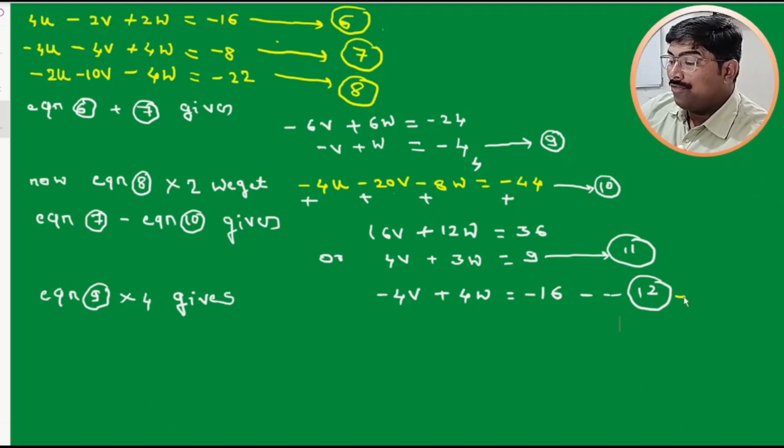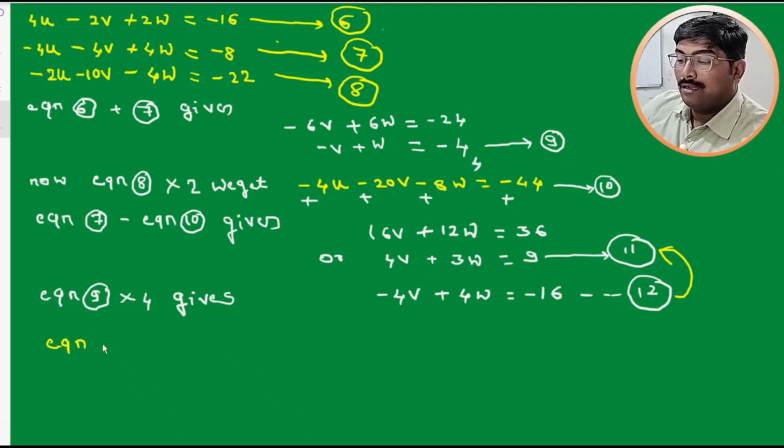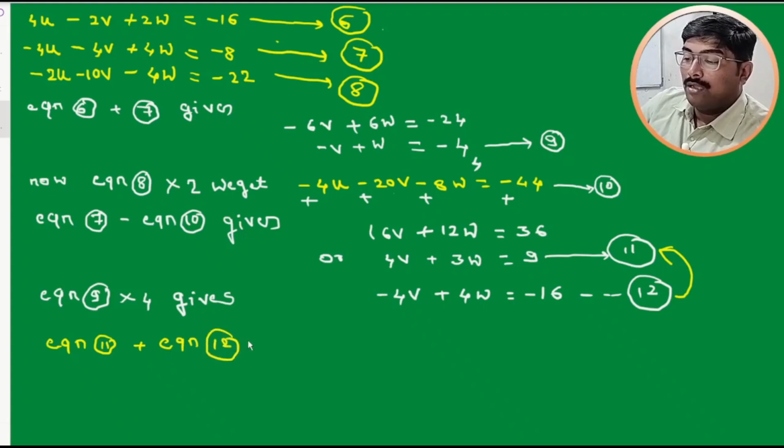And at last, if we solve equations 11 and 12, we will get the values for v and w. Here the first term we have 4v, and here the first term is minus 4v, so on adding they cancel. On simplifying you will get the value of w. So I will write here equation 11 plus equation 12 gives.